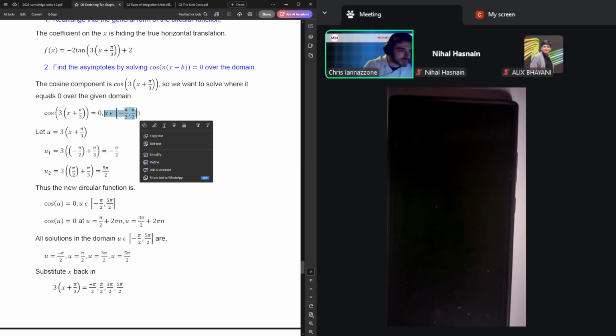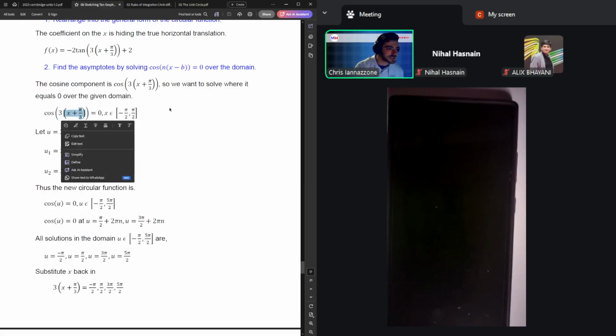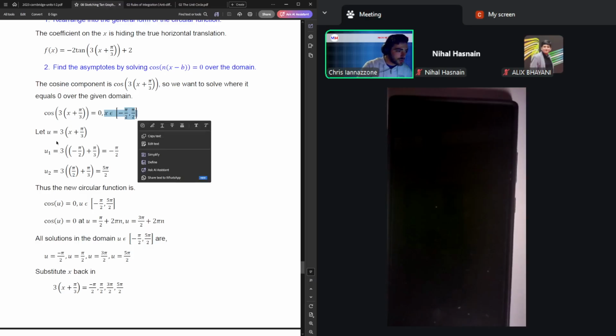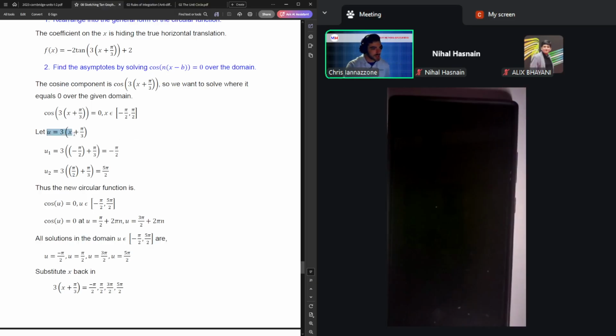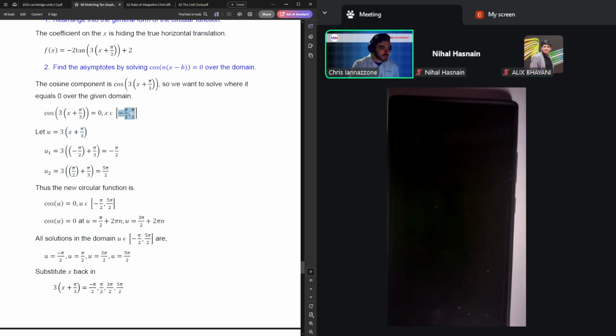What hasn't happened yet is fixing up the domain. One of the issues with these kinds of questions is no one really knows when do I stop finding solutions, right? How many solutions does actually fit between negative pi over 2 and pi over 2? Especially when there's all this sort of stuff going on, it's hard to tell. So my run around that is to, rather than have an x domain, put it in terms of this u domain. What that means is, you have this equation, which relates x to u. You have some x values.